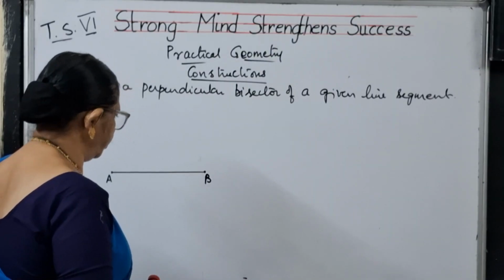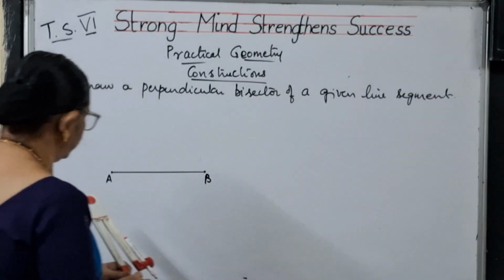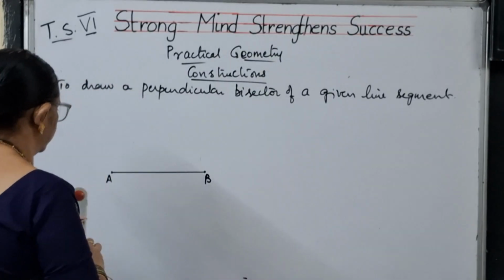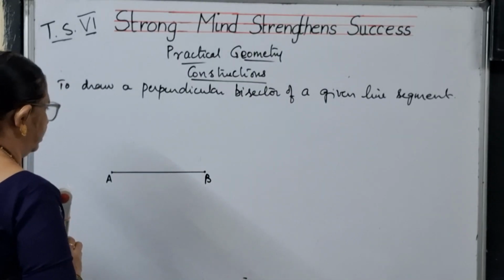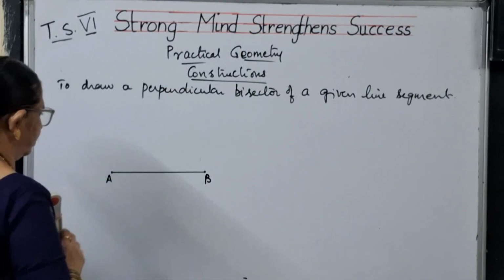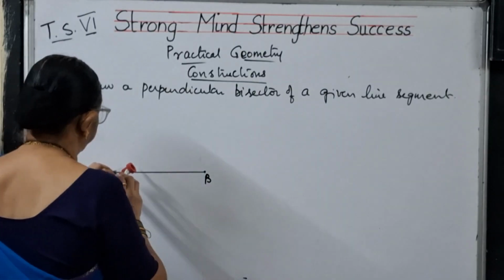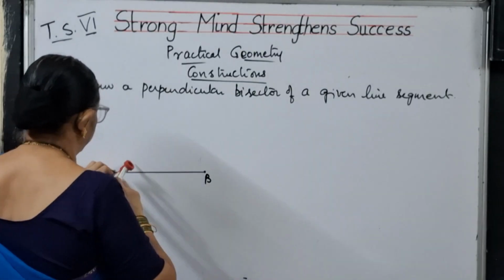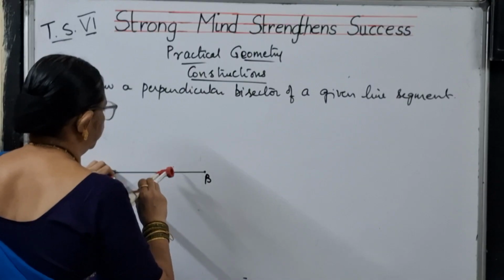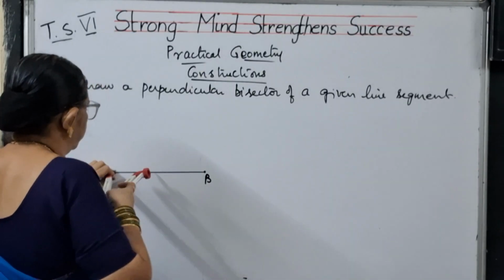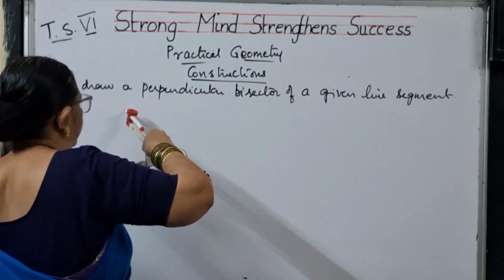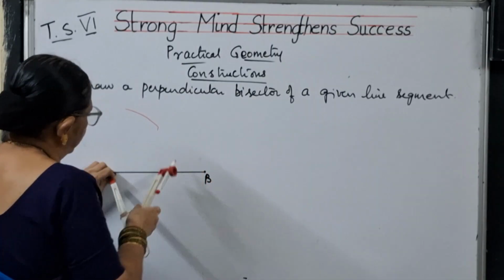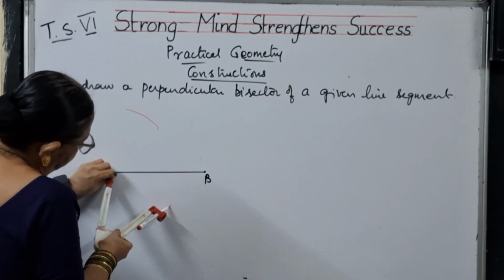So to draw the perpendicular bisector, what should I do? I should take more than half of AB as radius. See, extend this compass from A, extend it more than half of AB as radius. You have to draw an arc here and an arc here.